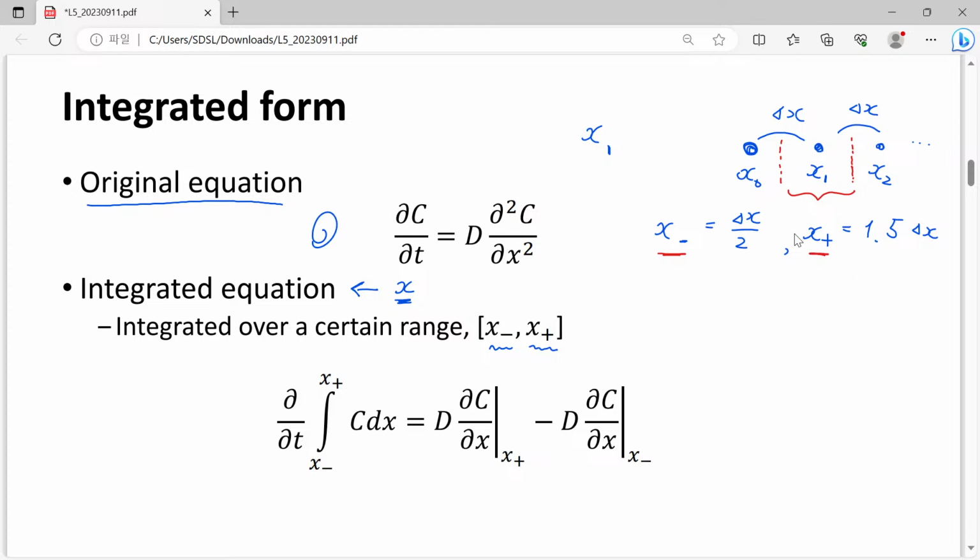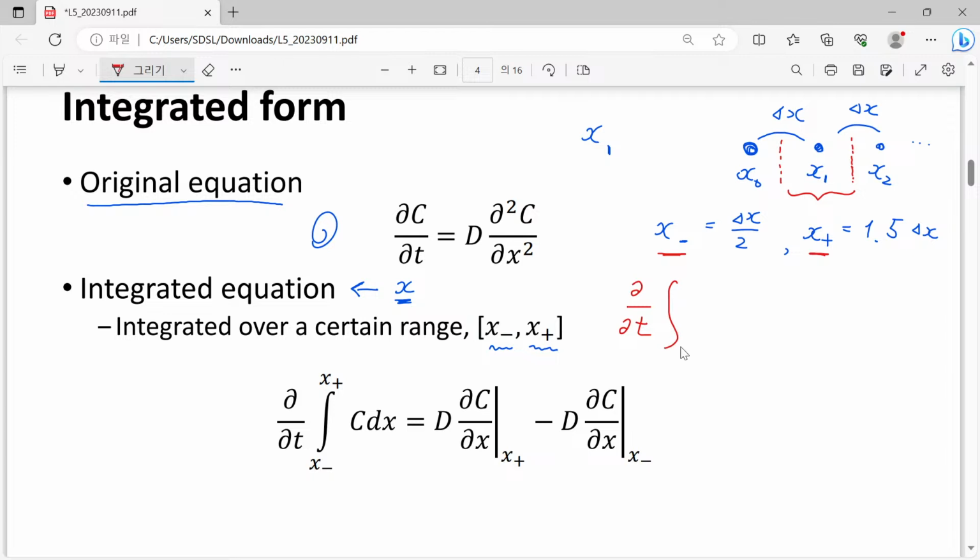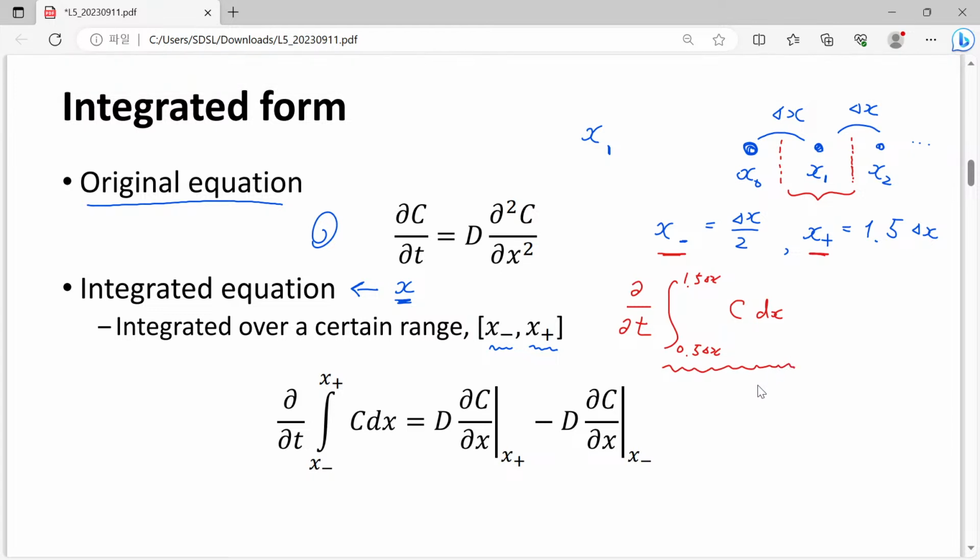If we take this kind of description, then let me explicitly write down our quantity, the integral of round c over round t, integrated from 0.5 delta x to 1.5 delta x, dx. And you know, this quantity, this real space integration centered at x sub 1, is actually represented by which quantity? The quantity at x equal to x1.